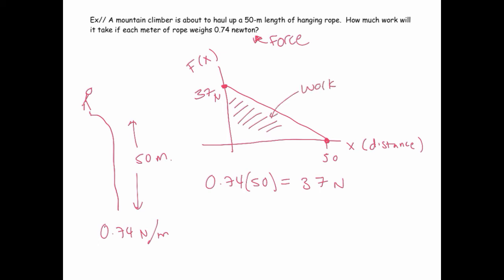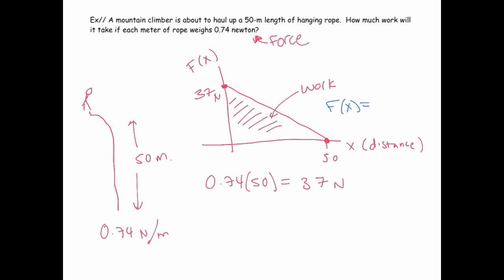You've got two options: use an integral, or use geometry. If you wanted a function for this, you could call it f of x, a line with a y-intercept of 37 and a slope of negative 37 over 50, which is negative 0.74.